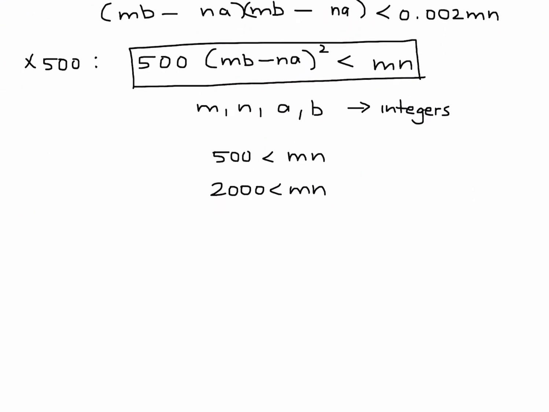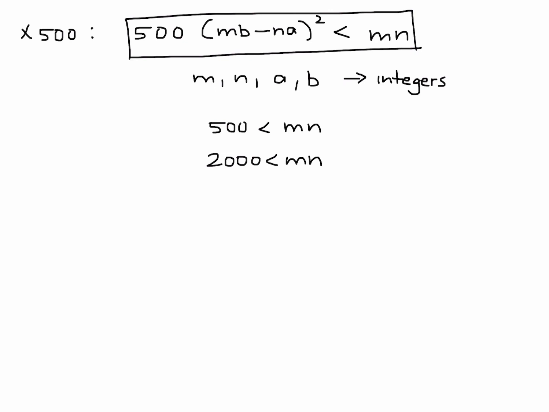So going back, this part here is not useful. So the only way we can figure out mn's actual range is to look at this guy here and concentrate on that. And in particular, I want mb minus na to equal 1. And it's the only way that we can figure out mn in terms of its upper boundary.